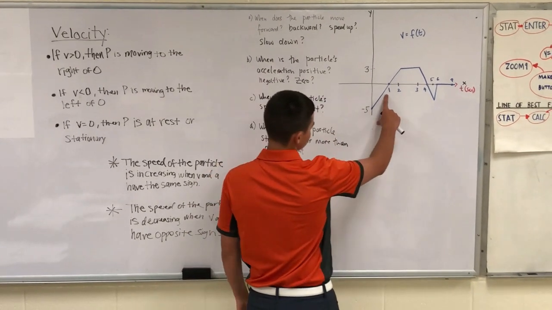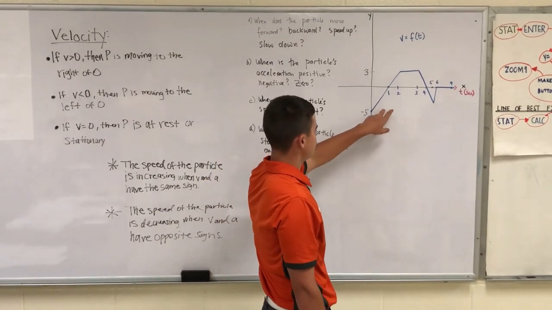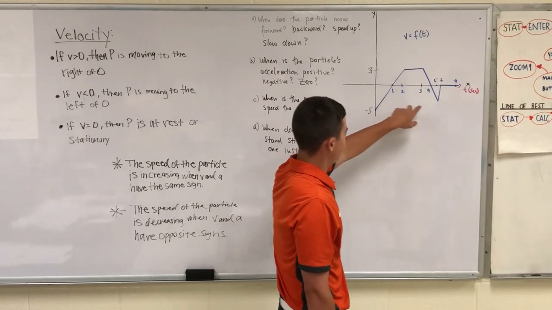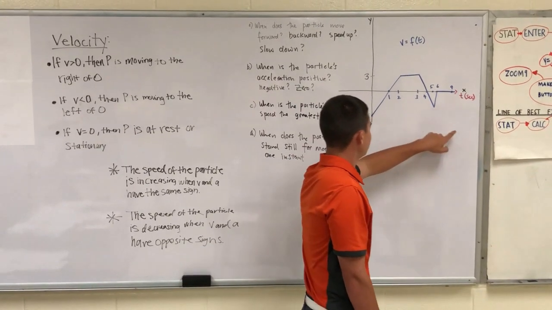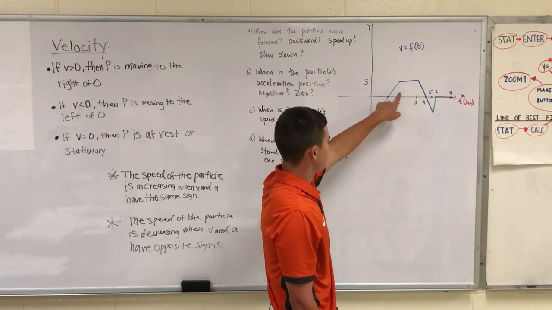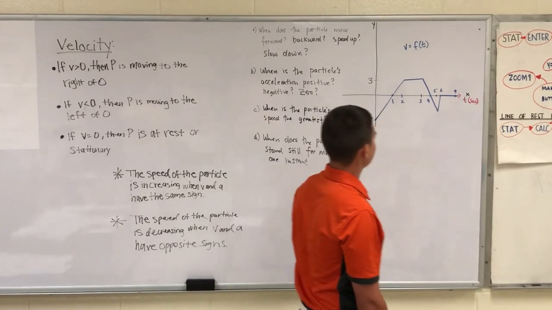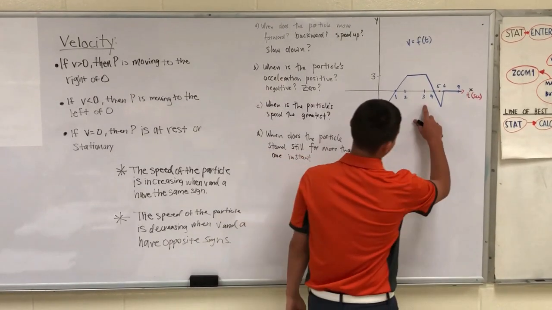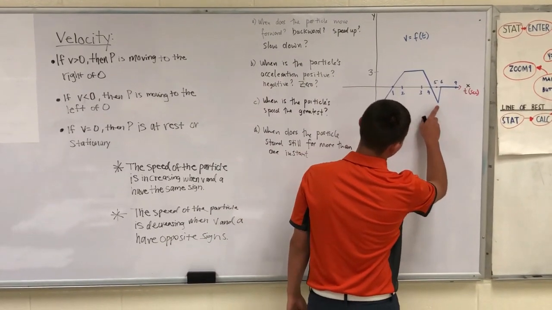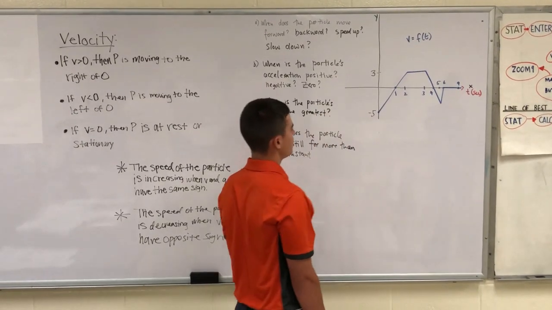So the slope here is positive, so the acceleration would be positive between 0 and 2 and 5 and 6. The acceleration would be negative between 3 and 5. It would be 0 between 2 and 3, flat line, the slope of 0.